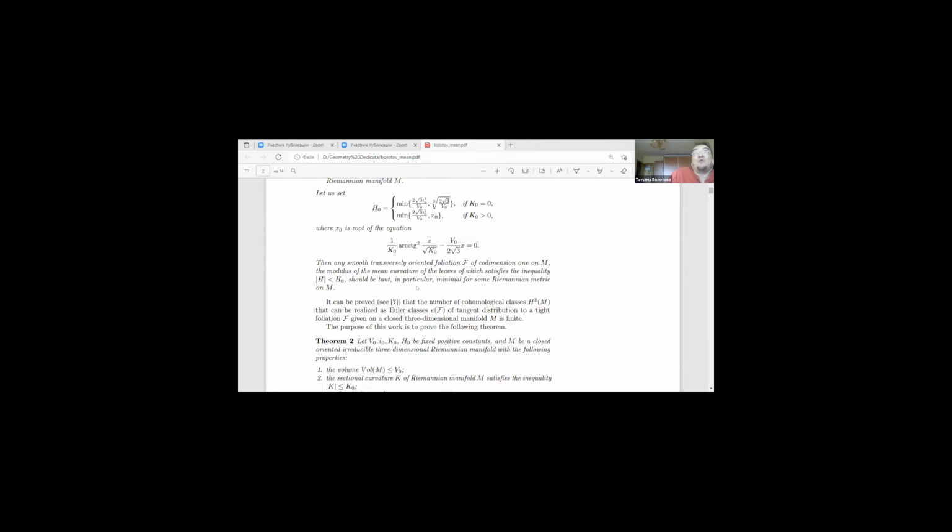What is a Reeb component? A Reeb component is a foliation of a solid torus. It's a well-known part of foliation, but if the foliation doesn't contain Reeb components, or more generally generalized Reeb components, then such a foliation is taut. That is, there is a Riemannian metric such that all leaves are minimal.